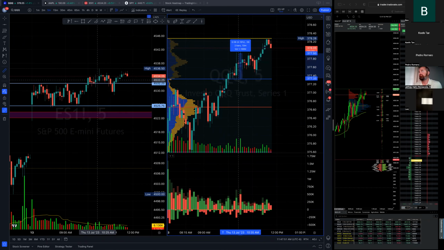But do you guys see why I took this little scalp here? I mean, that's the only trade I took today. That's the only one I liked. Honestly, I haven't liked much of today's price action because we haven't built good enough momentum to the downside. And the overall sentiment, I think, is still bullish until proven otherwise.